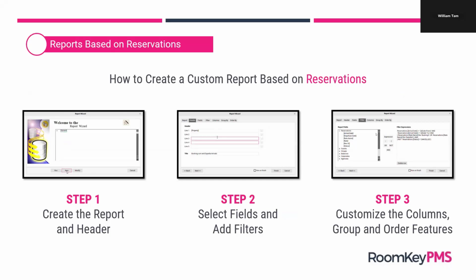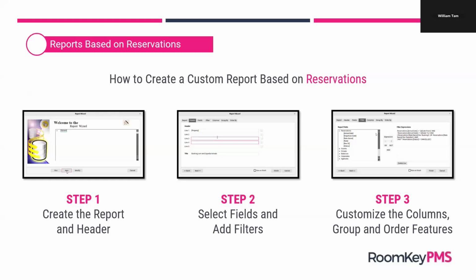And then I've used an or statement so that RoomKey knows it's looking for any reservations with a rate name that is like booking.com or that is like Expedia. And I've also told RoomKey that I want to filter out. I do not want to see any reservations that are in canceled status.